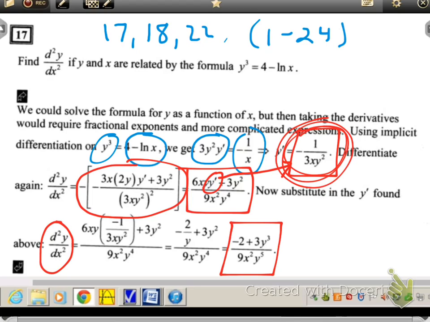So maybe that's what threw you off a little bit, whoever asked for this problem. And anyway, it's just a lot of algebra, which is kind of a mess, but nevertheless you're solving for y double prime. Okay, let's look at the next one.